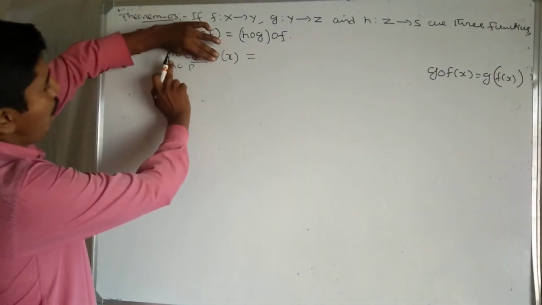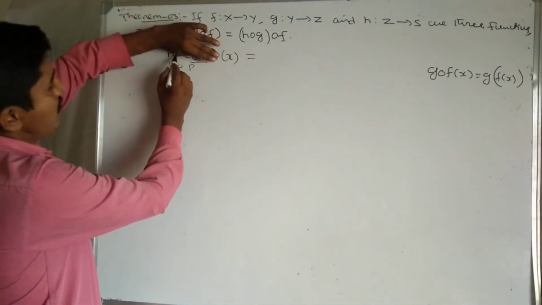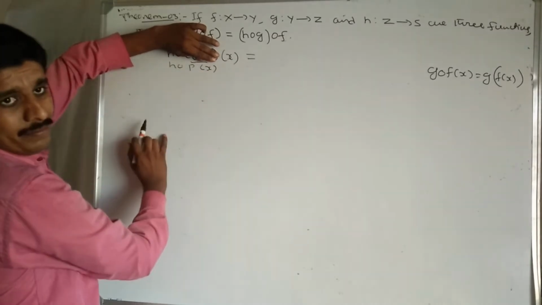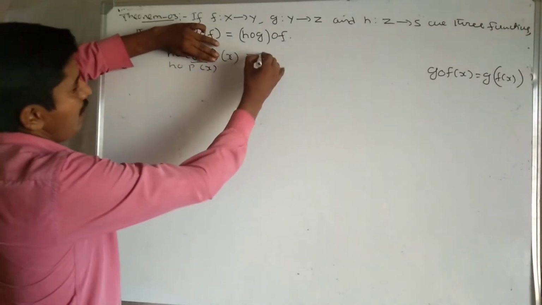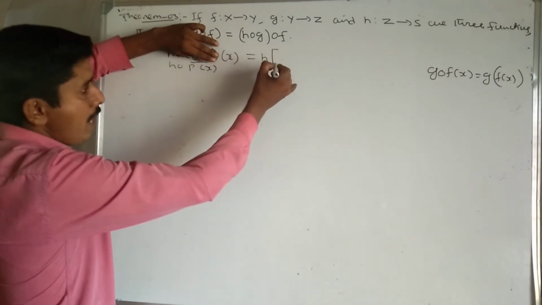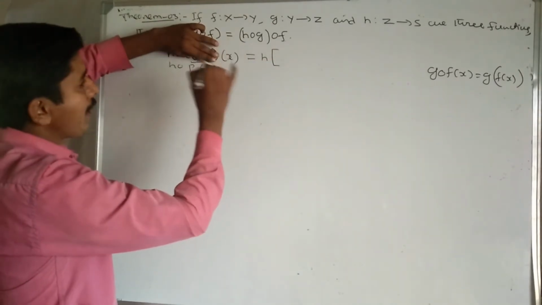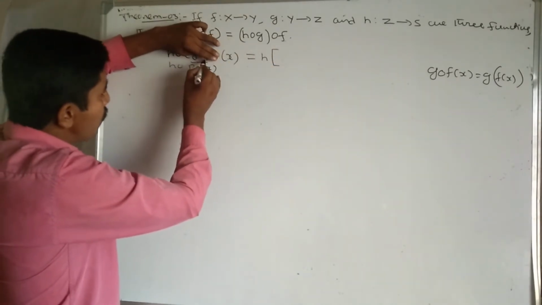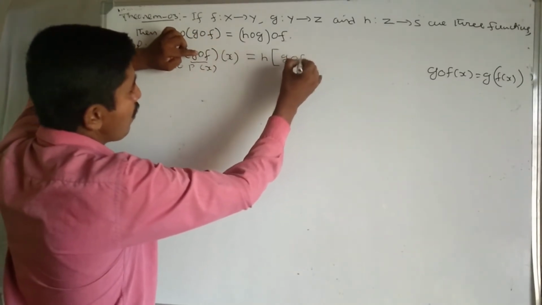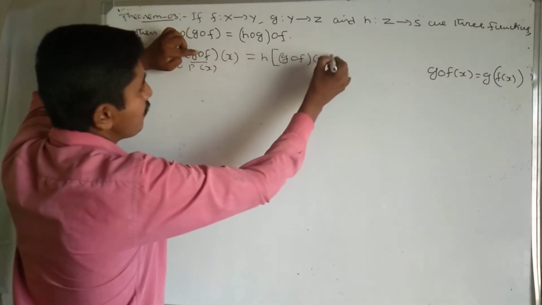First I am removing the composition here. Then h∘p is a total function of x like this: h of (g∘f)(x), either with square or ordinary brackets. P as it is, P means g∘f.